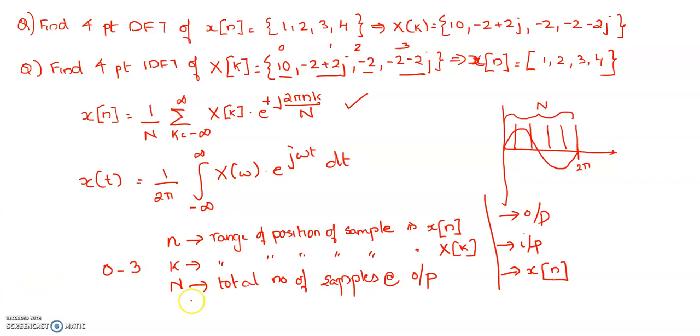Your capital N will be 4 because you are asked to find the 4-point IDFT, and hence your range of n will be from 0 to 3. These are the usual concepts, except that here there is a reversal of the signals in terms of input and output. Now we'll try to solve this problem.